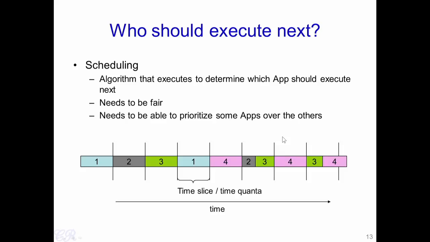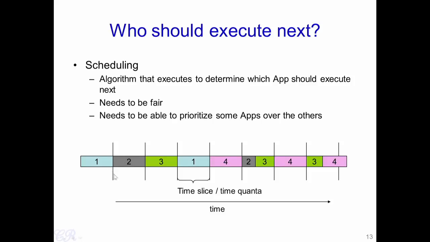Now, one decision that the operating system needs to make, especially in a multitasking or multi-programmed system, is the decision about which application should run next. As we have seen in a multitasking environment, application 1 would execute until its time slice ends, and the operating system then decides which process or application should run next.